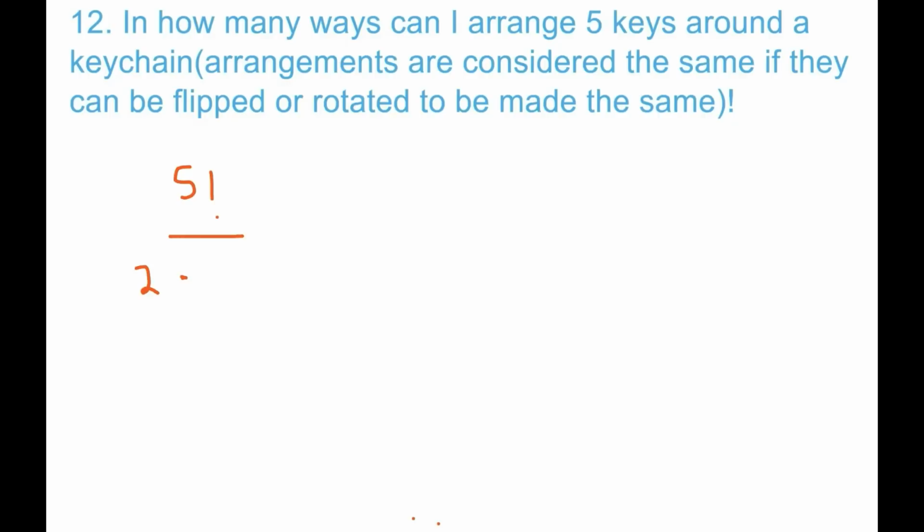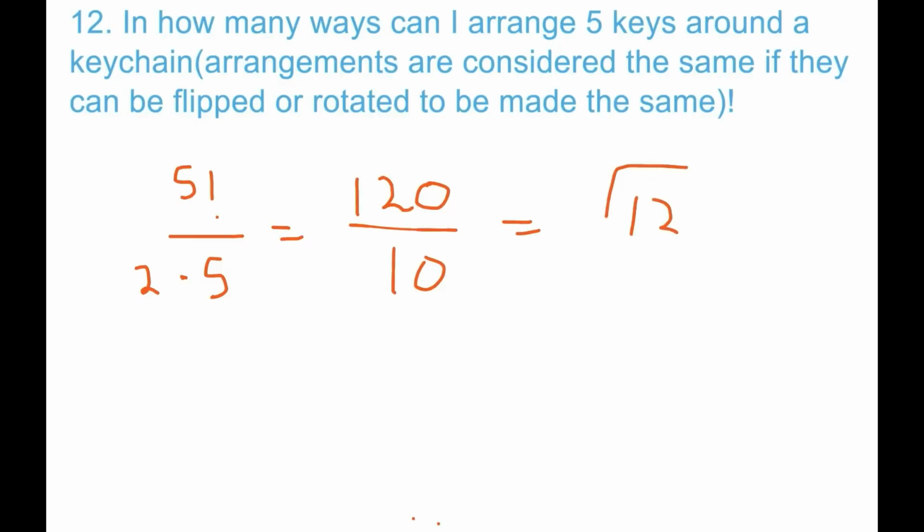And since we can rotate each arrangement in 5 ways, we also divide by 5. 5 factorial is equal to 120. Dividing 120 by 10, we get that there's 12 possible ways for us to arrange 5 keys around a keychain.